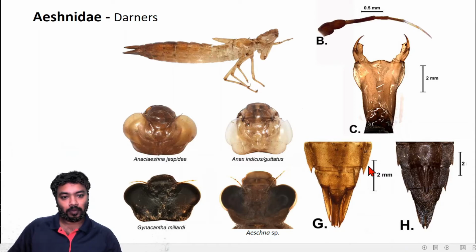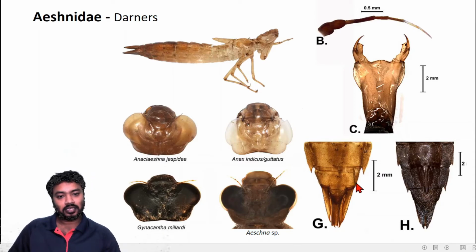And let me show you some other characters, like this is the anal pyramid of Gynacantha. This is also the anal pyramid of Gynacantha, but in ventral view. So what is the difference? This is a male, this is a female. See here, this is a female, that's why the ovipositor is visible here.